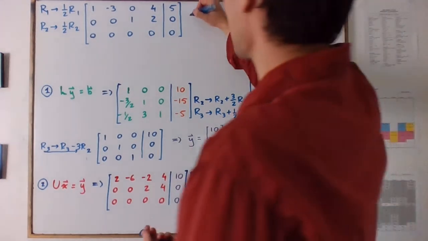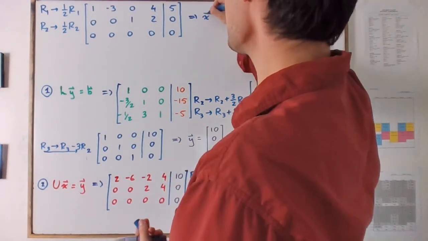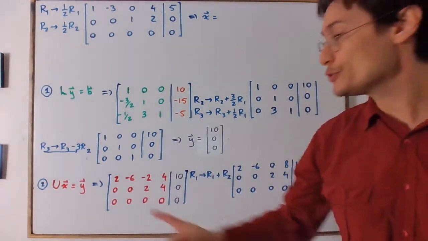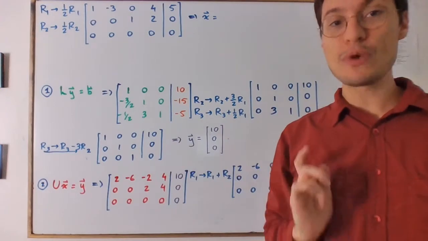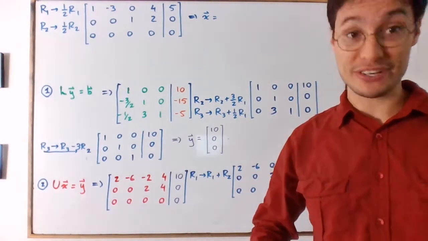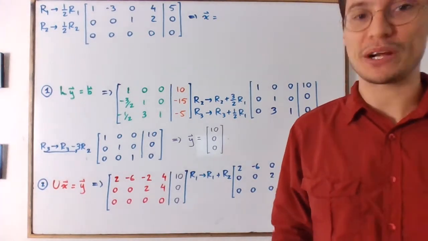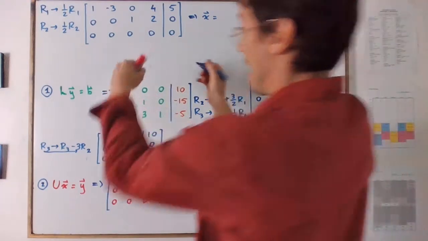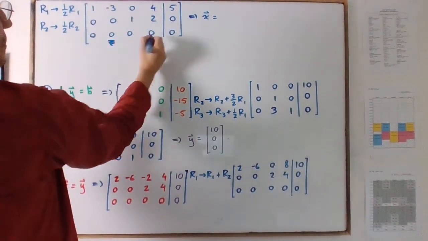So our final result, right? This is the vector x. It's the solution to Ux equals y, but I want to remind you here that it's also the solution of the composite system. In other words, it's your final answer. It's what you're looking for. So you read this and you're like, okay, I have two free variables here.